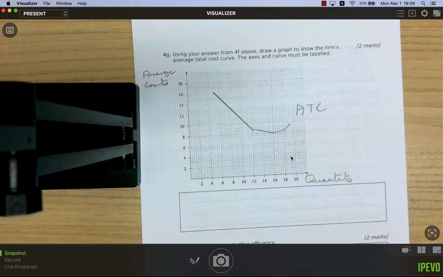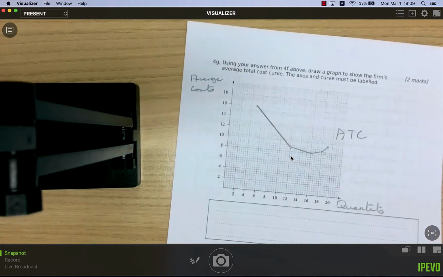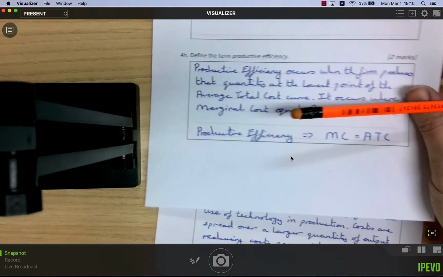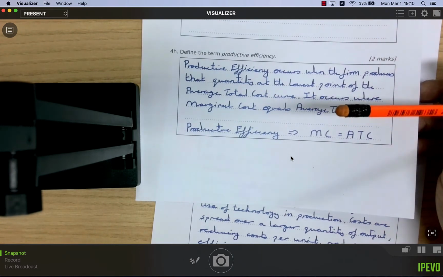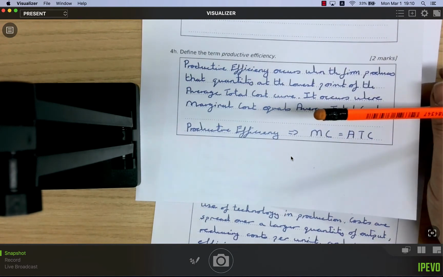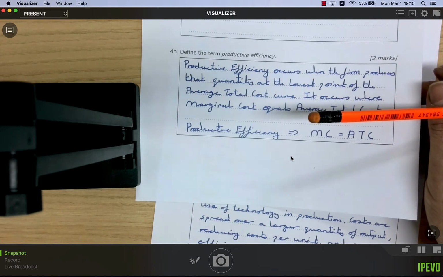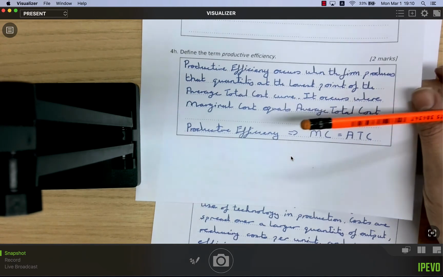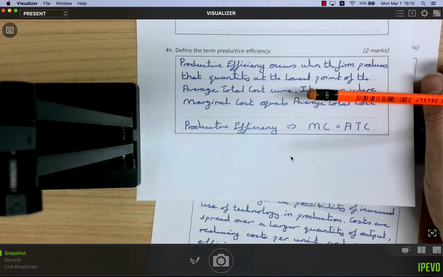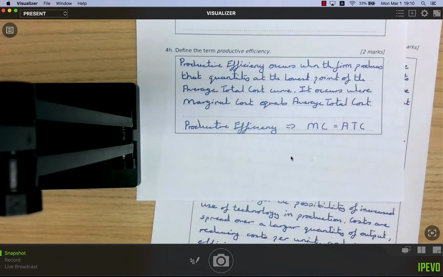Okay, so define this idea of productive efficiency, one of the final few. I want you to understand that if one firm is producing its output at a lower average cost than another one, they are by definition more efficient. The reason is they are using less of society's scarce resources per good produced.